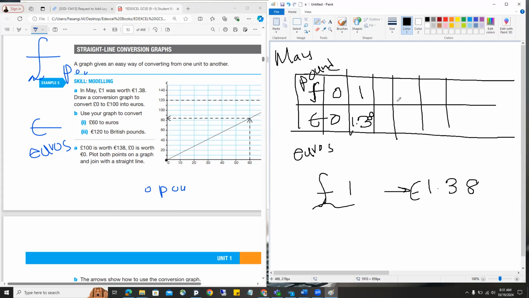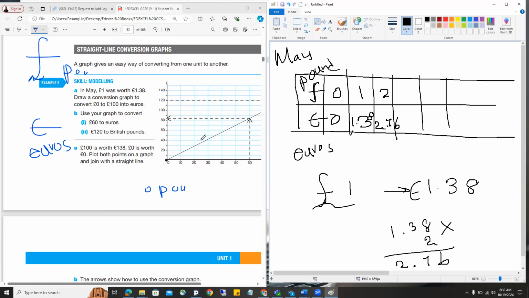Then if it's 2 pounds, how much is it in euros? What you have to do is multiply this 1.38 by 2, that means 2.76. Then we can draw the graph like this.